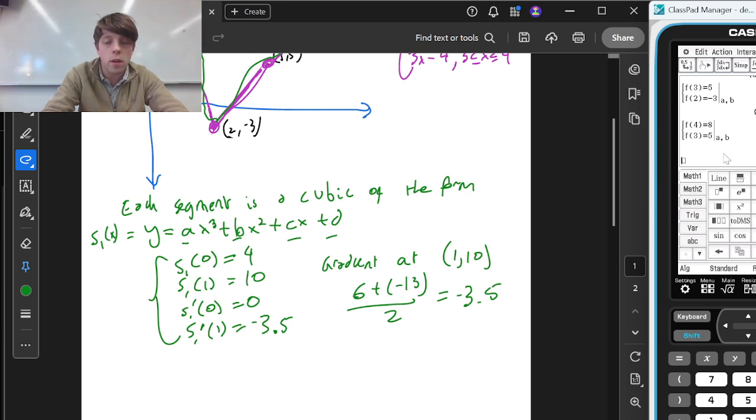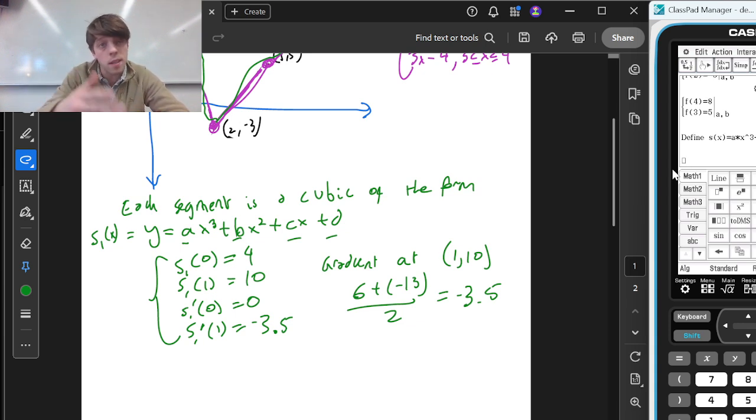To do this, we're going to first define our function. So we can go action, commands, define the function. We'll call this s. S of x is going to be equal to a times x cubed plus b times x squared plus c times x plus d.